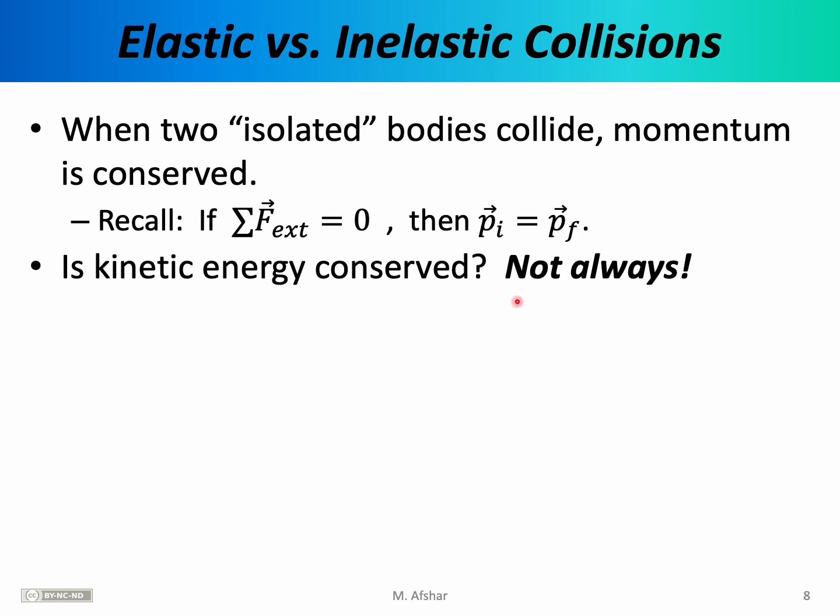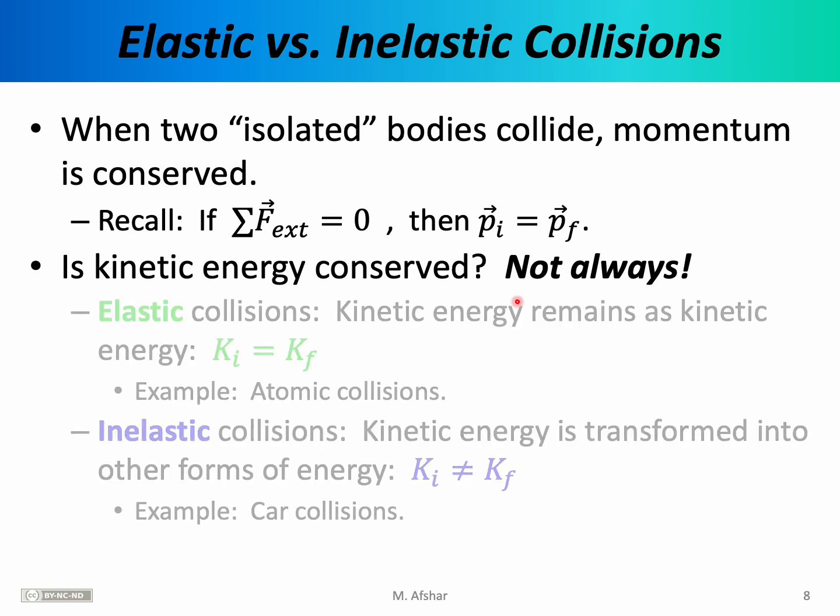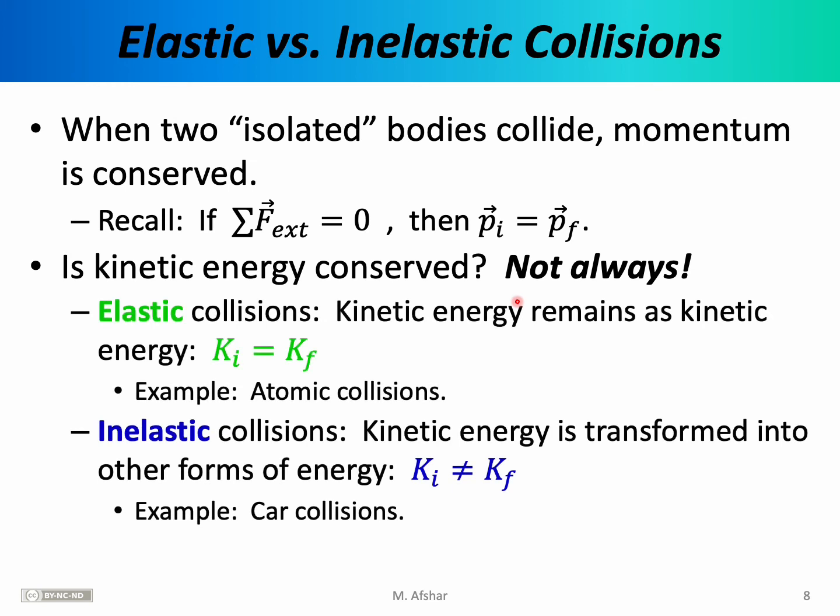The practice problem that we just finished doing gave us an explicit example of that. Sometimes kinetic energy is conserved, sometimes it's not. On this basis, we divide all collisions into two categories. Elastic collisions are those collisions where we can say K final is equal to K initial.